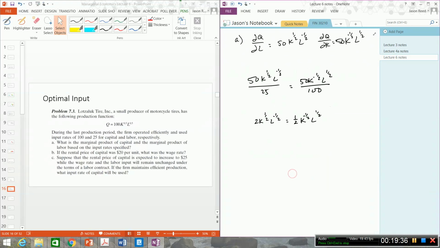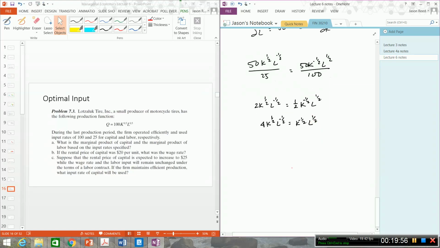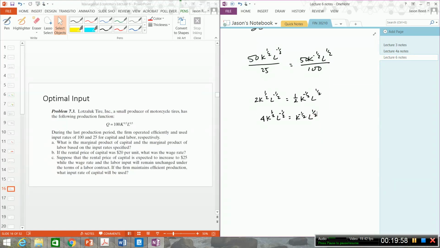Here we can simplify a little bit more. I'm going to multiply both sides by 2 so that we get 4 K to the 1/2, L to the minus 1/2 is equal to K to the minus 1/2, L to the 1/2. Now I'm going to divide both sides by L to the minus 1/2.